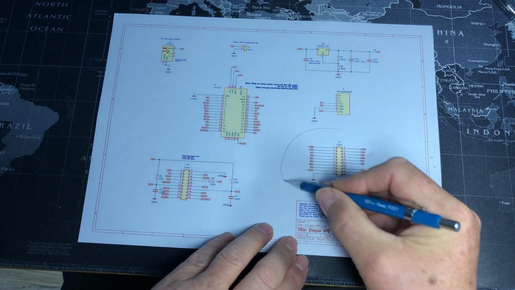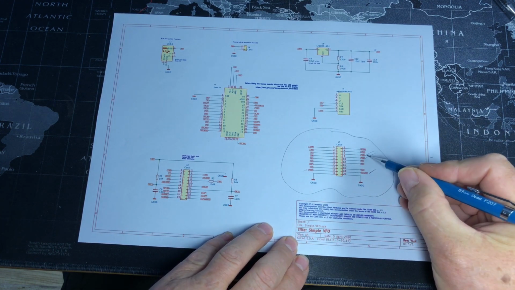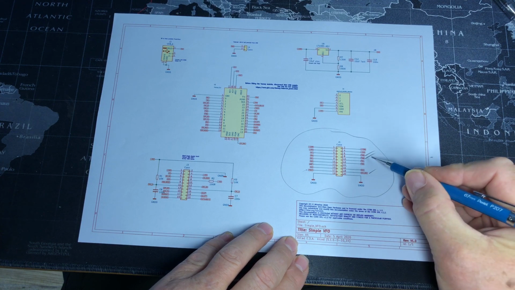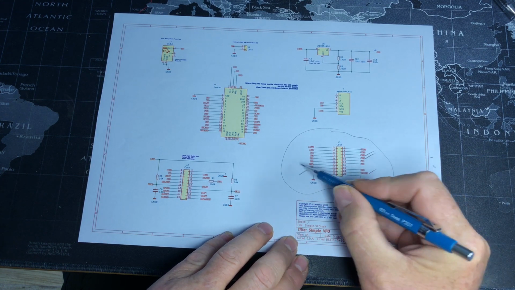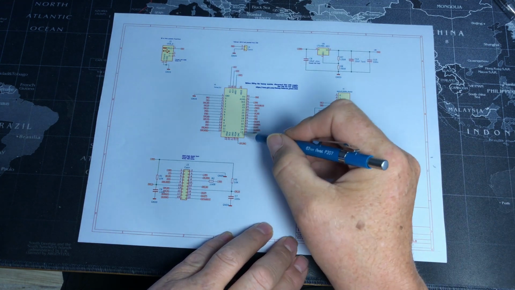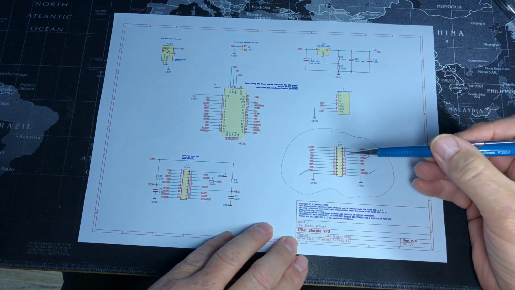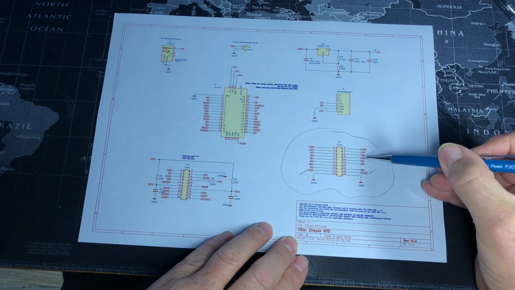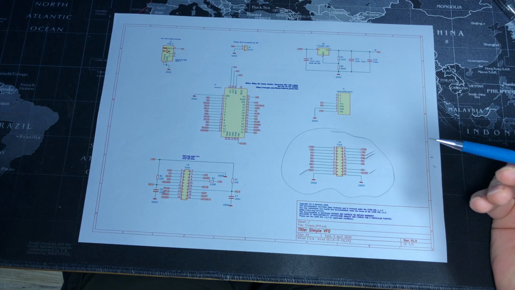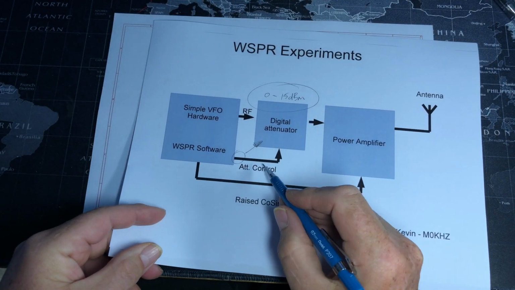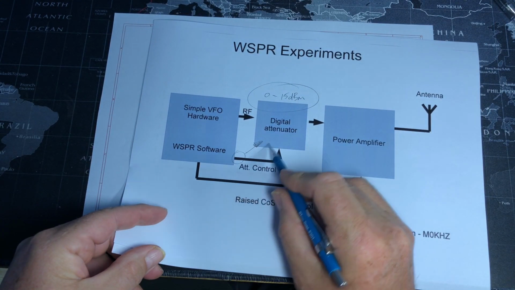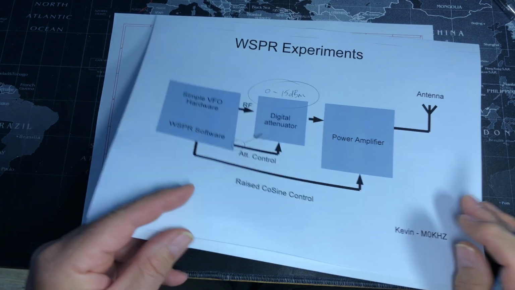And I've got a connector here heading out onto the back plane, and I've got 3 pins connected to the Teensy, which I can use to control a device.